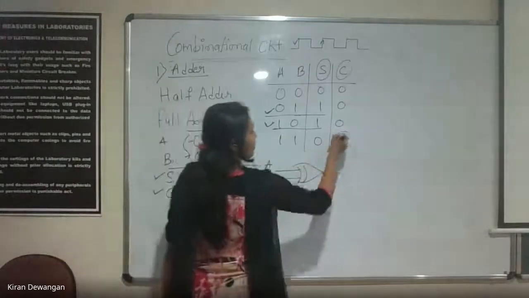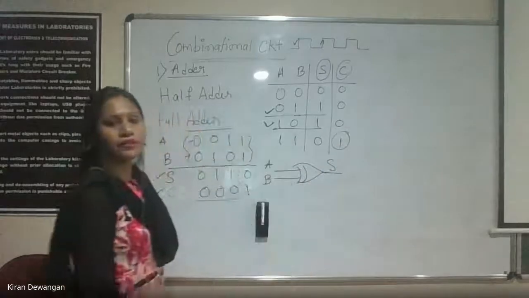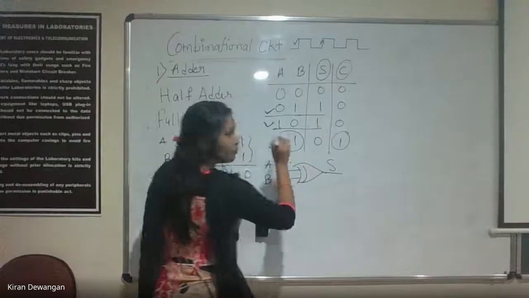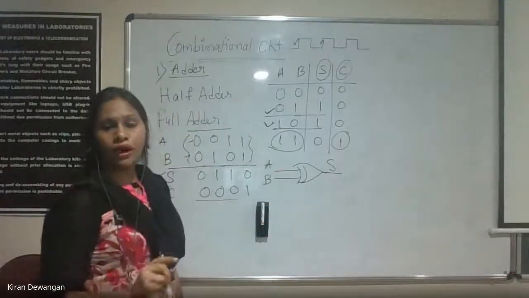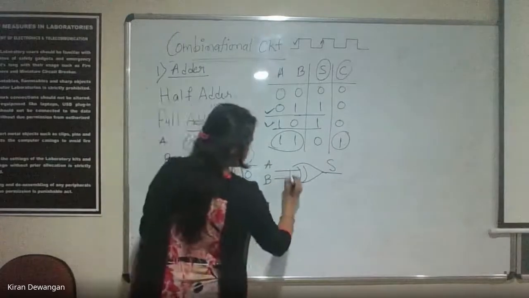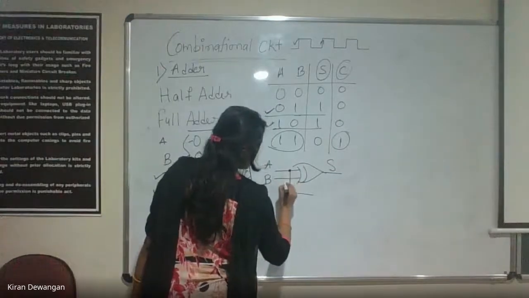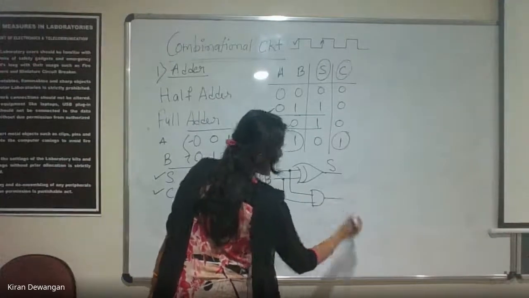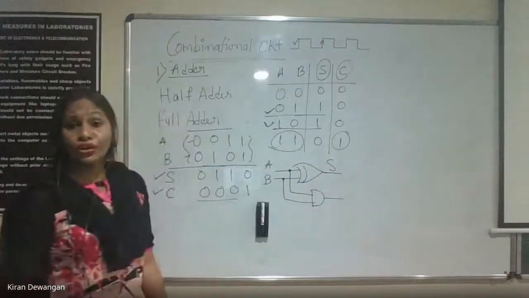And when my carry is going high, it's going high when both are 1 and 1. What is it? It's the same input. So which gate will we use? And, not OR.